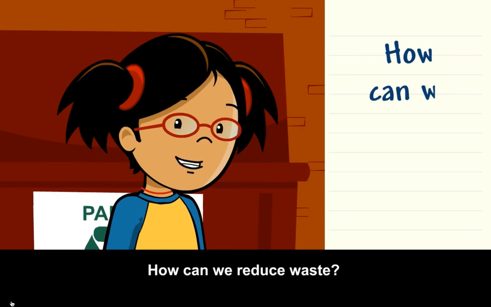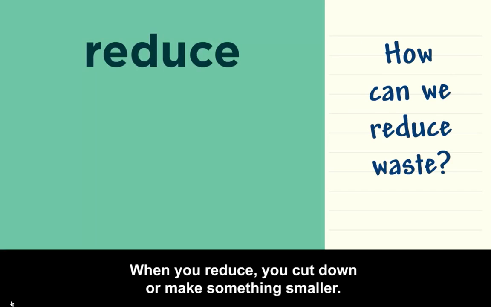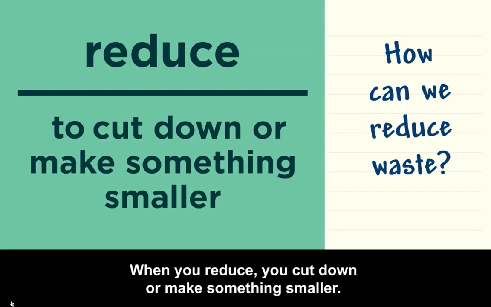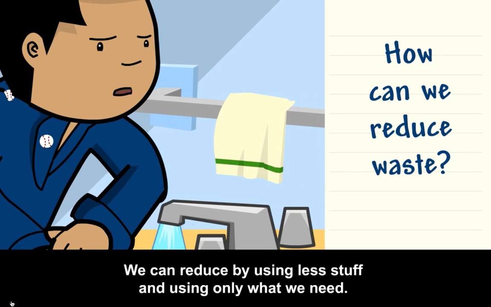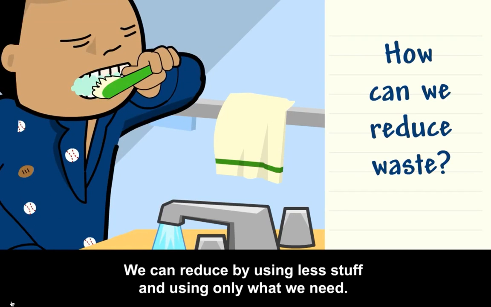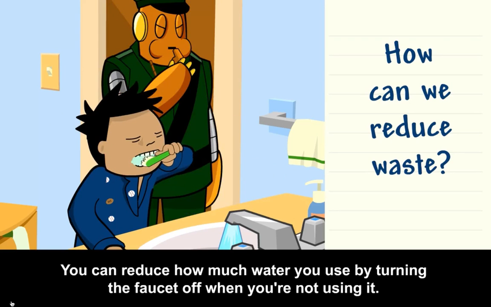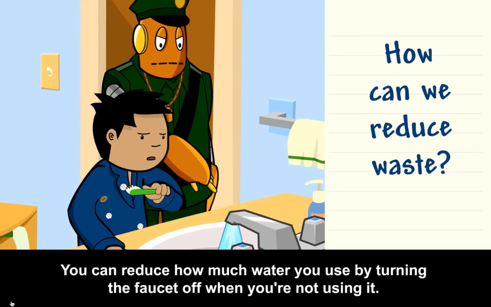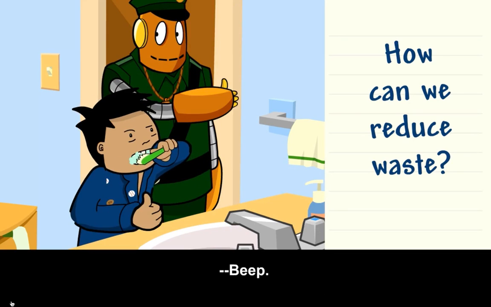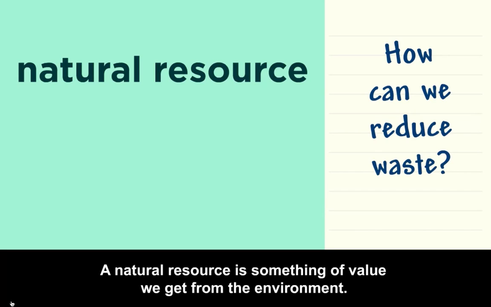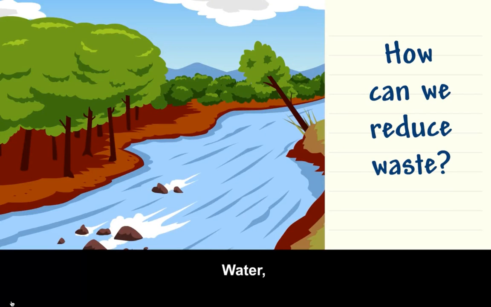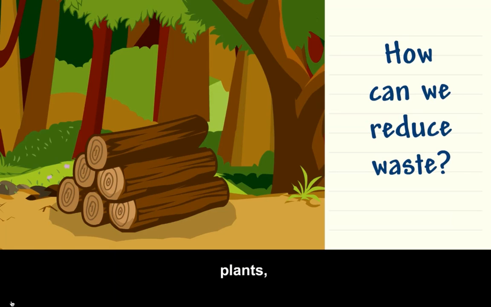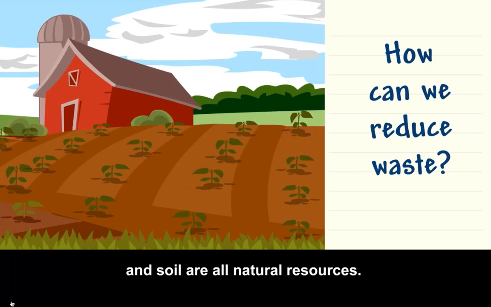How can we reduce waste? When you reduce, you cut down or make something smaller. We can reduce by using less stuff and using only what we need. You can reduce how much water you use by turning the faucet off when you're not using it. A natural resource is something of value we get from the environment. Water, plants, animals, and soil are all natural resources.